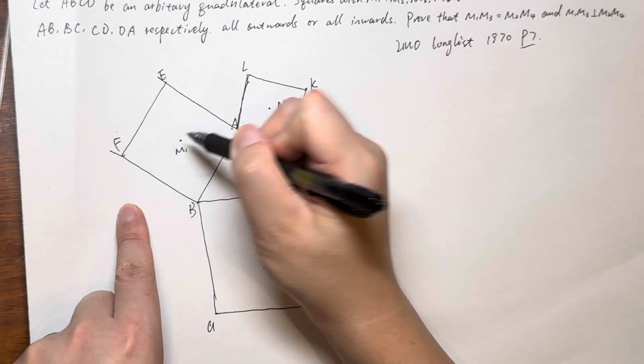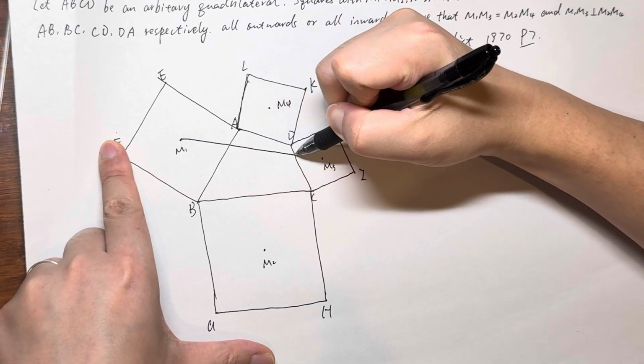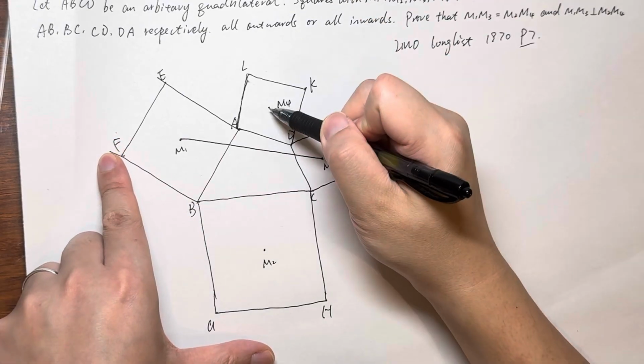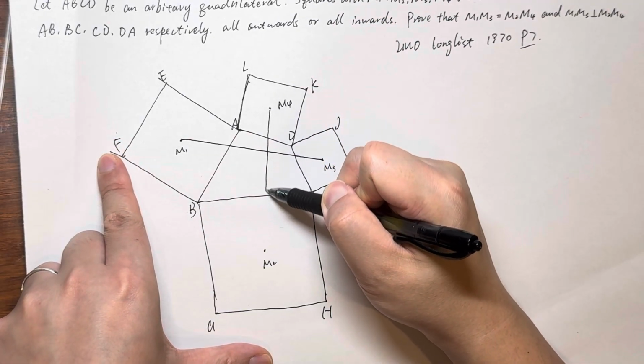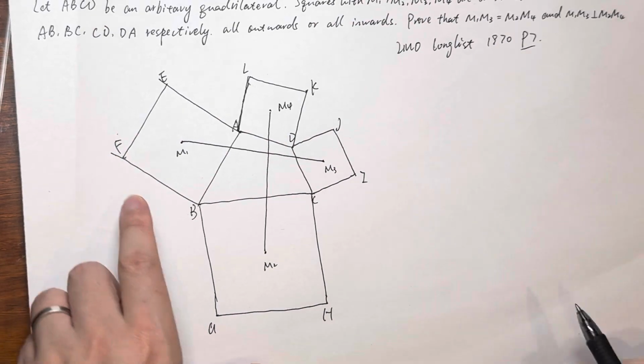We want to prove that M1M3 equals and is perpendicular to M2M4.